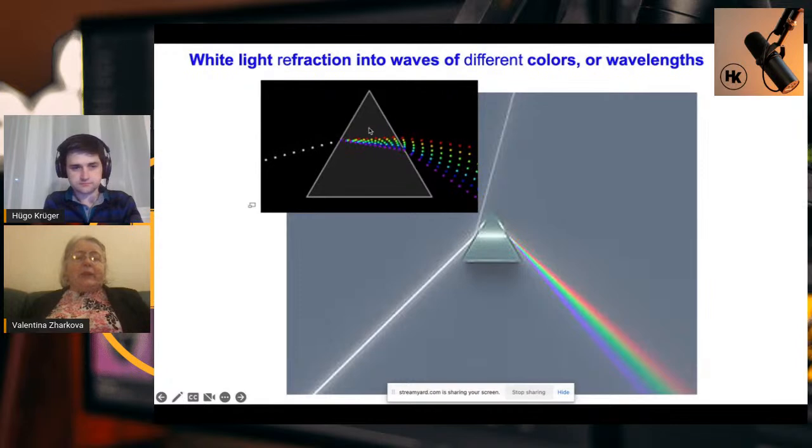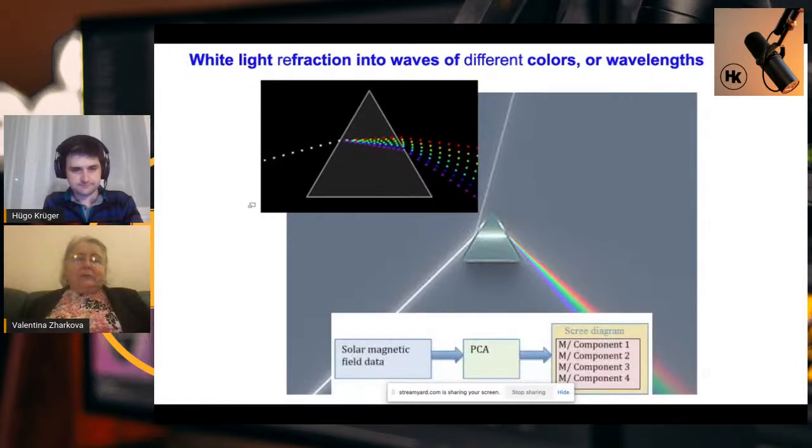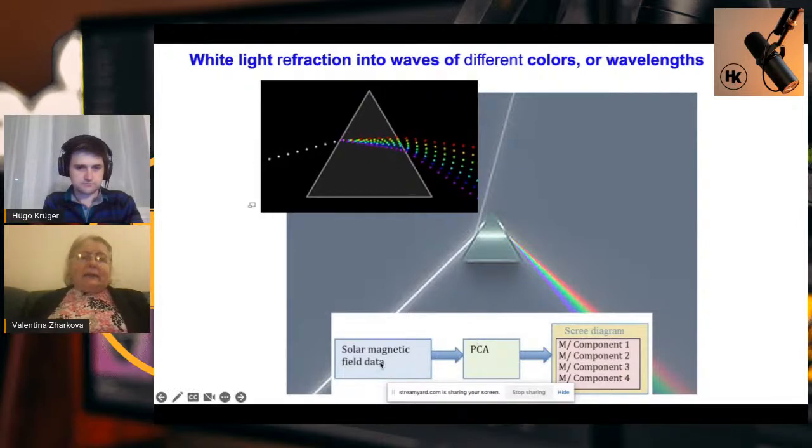So we need to find what can act as a glass prism on the magnetic field. So what we found is that principal component analysis can act on the magnetic field data as this glass prism acts on the white light, splitting them into the components.